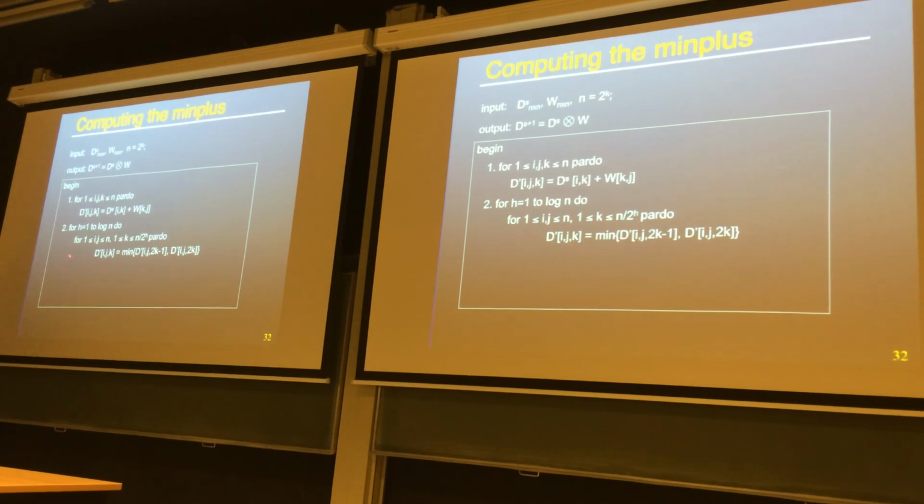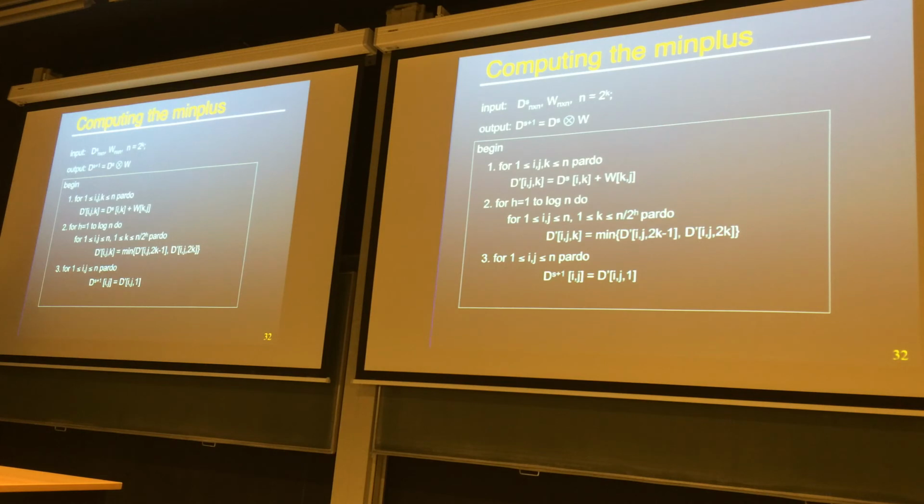The prefix computation does nothing else than taking the minimum of all pairs of these adjacent cells, finally storing them in D prime ij1. And D prime ij1 now contains the minimum of these sums. So, taking D prime ij1, I store it in DS plus 1 ij, and I have my matrix if I'm doing this for all ij in parallel.